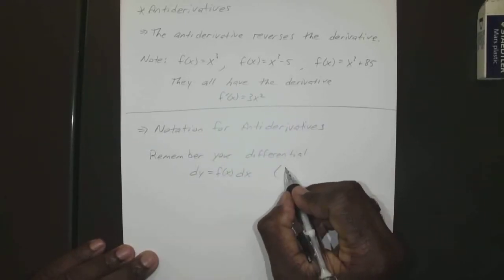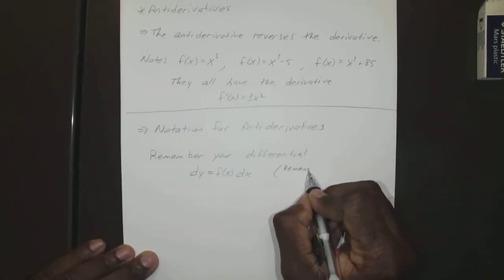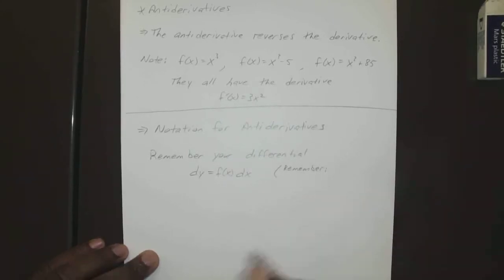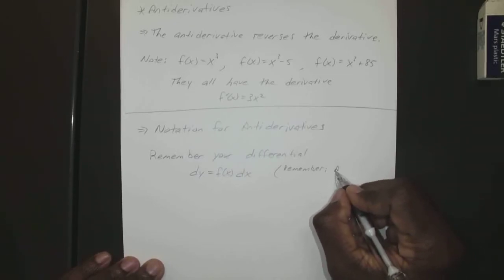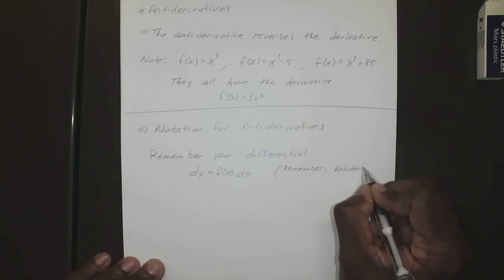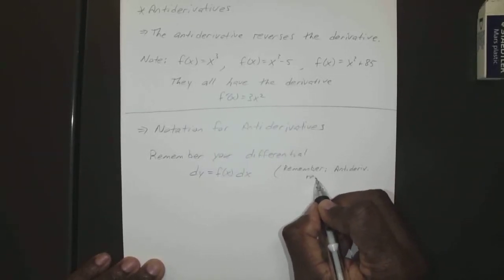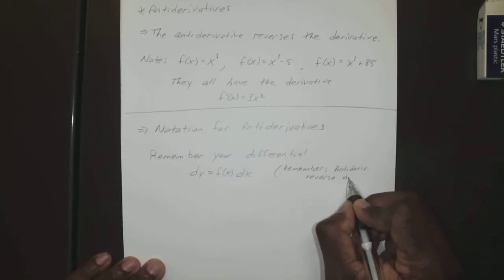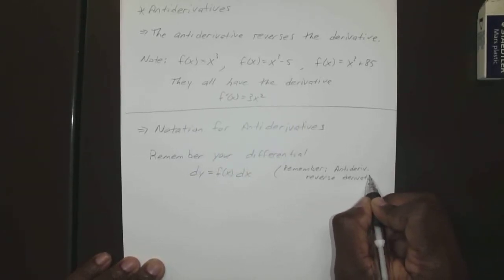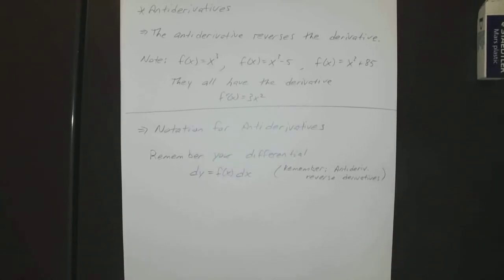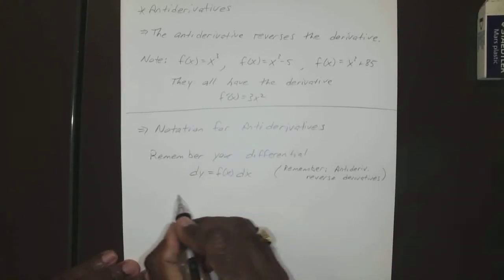Okay, and also if you remember, the antiderivatives will reverse derivatives. It's kind of like how division will reverse multiplication. So if you multiply something by 3, then divide it by 3, you just deleted it. All right?